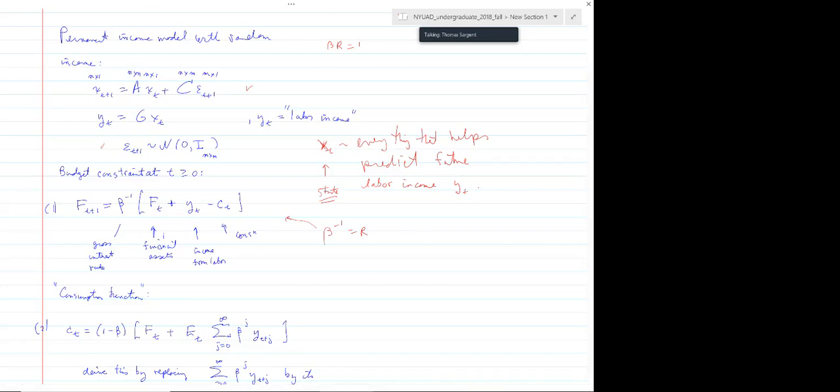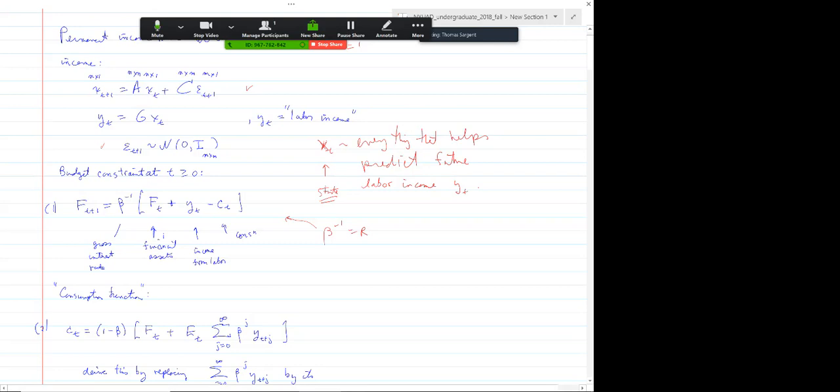Okay. So if we work this out, it's going to turn out that we get a consumption function. And this is a version of what we worked out before when YT was not random. So here's what the person wants to do.